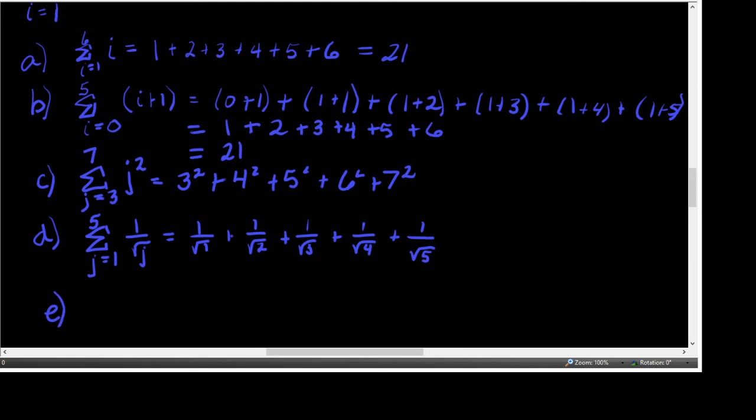For E, we're going from k equals 1 to n, and our formula is 1 over n times k squared plus 1.